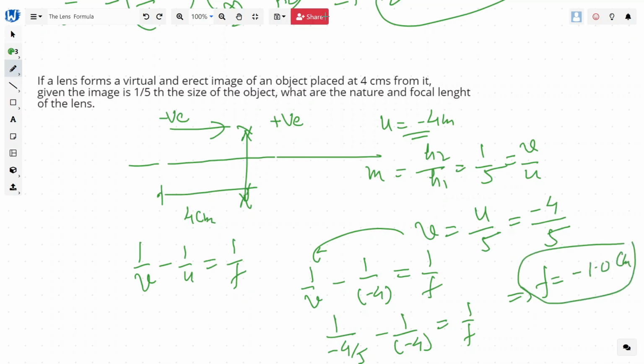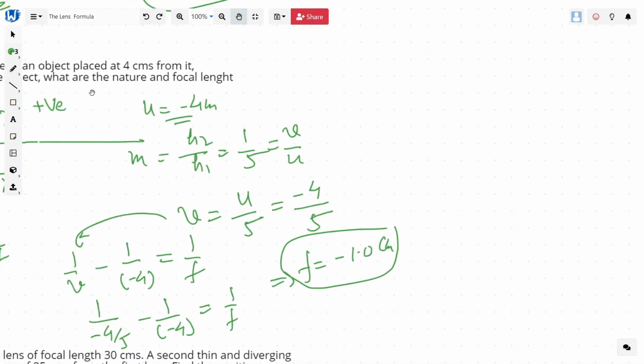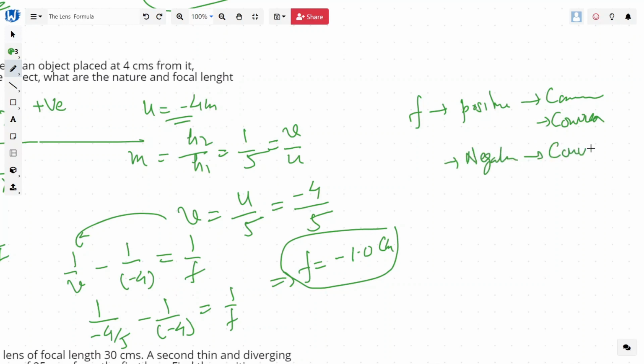Okay, which means that the lens is of concave type, right? So in our sign convention, we said that if f is positive, the lens is converging or a convex lens in the air, and if f is negative, it is going to be a concave lens or a diverging lens.